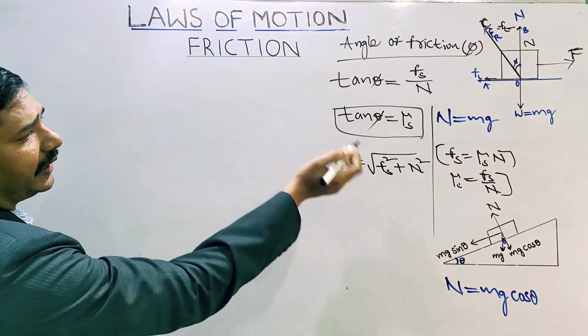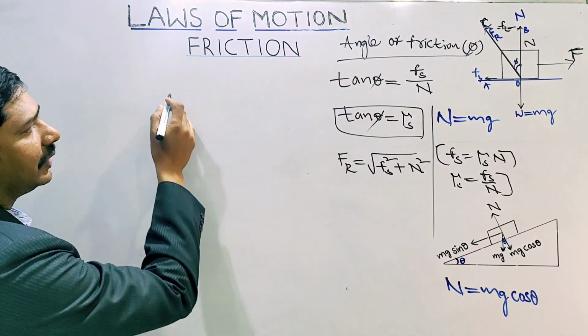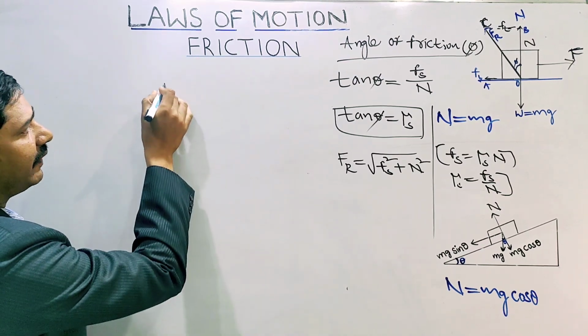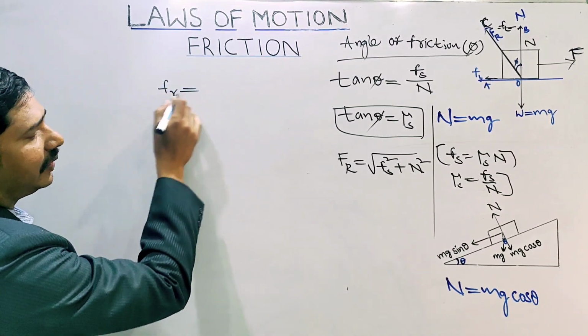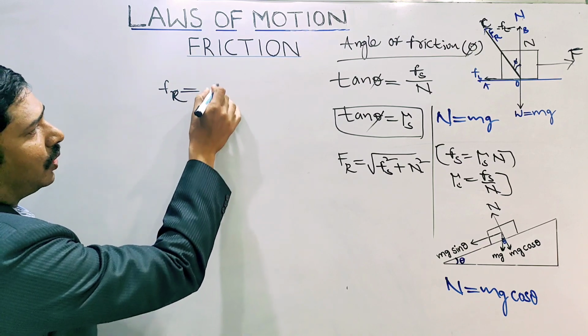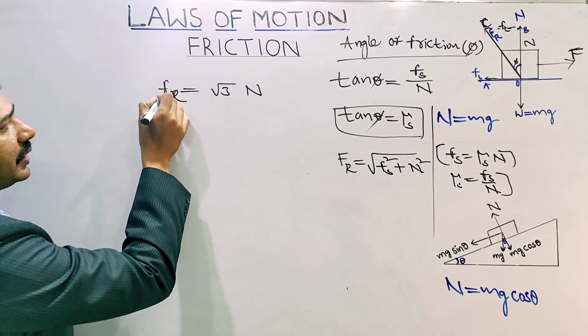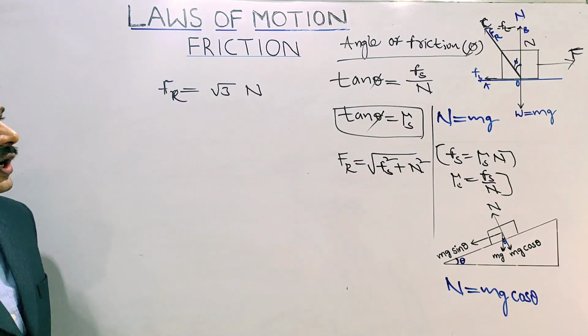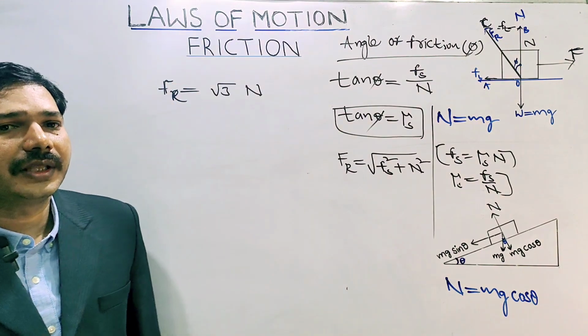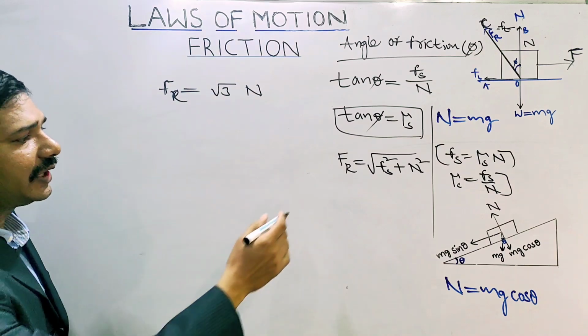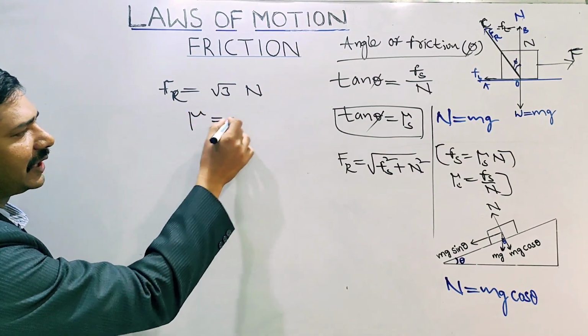So the resultant force Fr is given as root 3 times the normal force, and they are asking for the coefficient of friction mu.